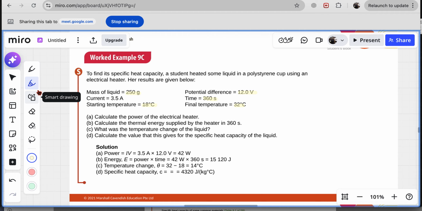So 0.25 times 14. If you key this in the calculator, first you multiply these numbers in the denominator, 0.25 times 14. Whatever you get, you divide 50,120 by it. Then you will get the specific capacity of the substance to be 4,320. Key it in and see whether you get this value.